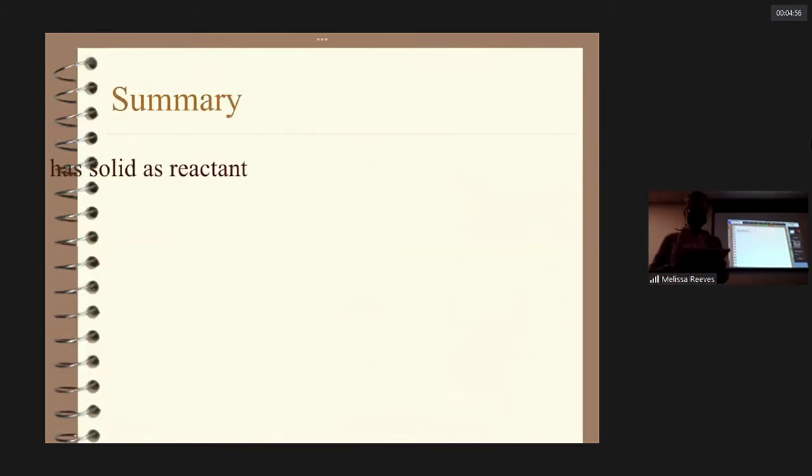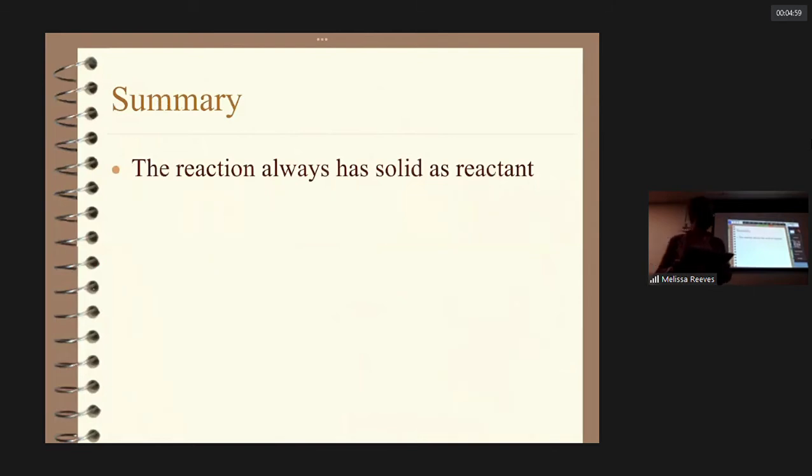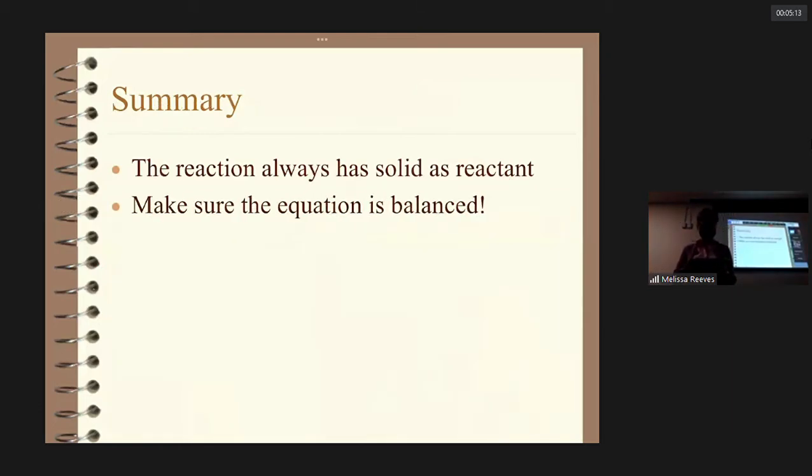Okay, so to summarize those kinds of problems, for solubility problems, the reaction always has solid as a reactant. So your precipitate or the solid has to be on the reactant side. The next thing is to make sure that your equation is balanced, because it's easy to forget with something like AlOH3 that you've got 3 hydroxides to every 1 aluminum.